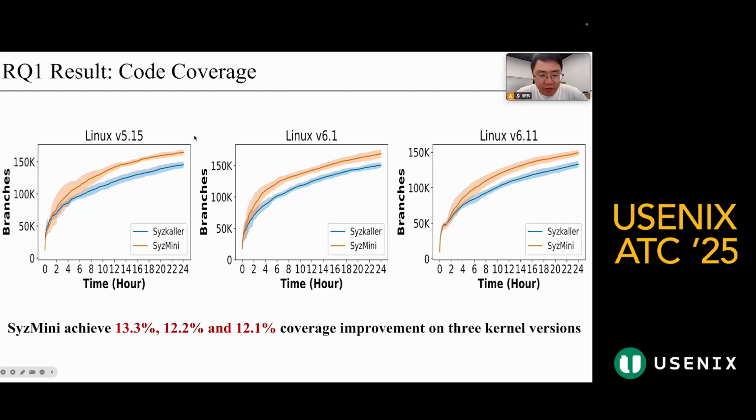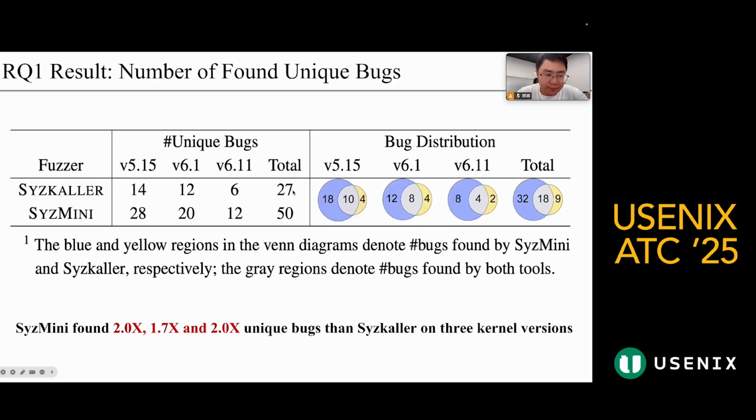For the code coverage, as we can see, SysMini has achieved 13.3%, 20.2%, and 20.1% coverage improvement on 3 kernel versions.